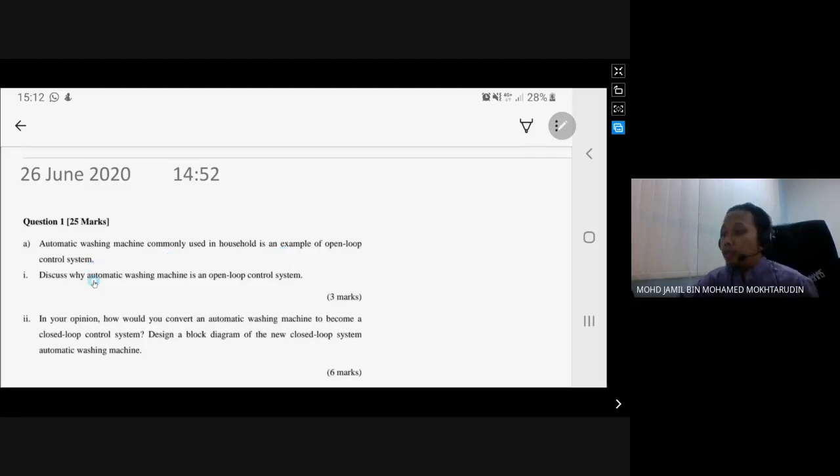Discuss why automatic washing machine is an open loop control system. So this question is three marks.